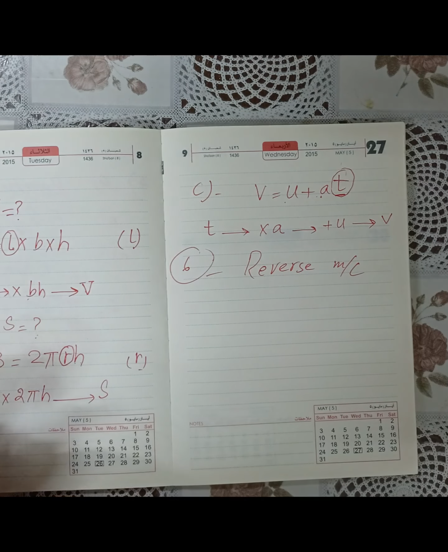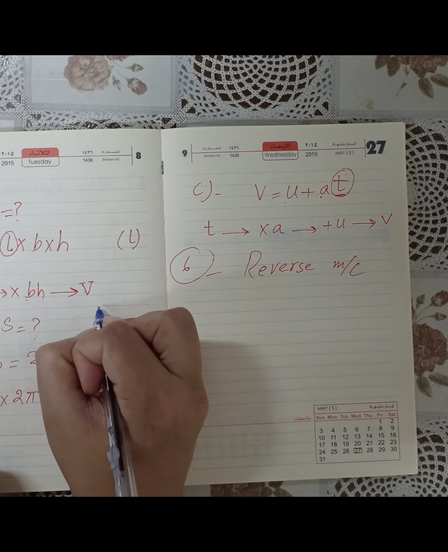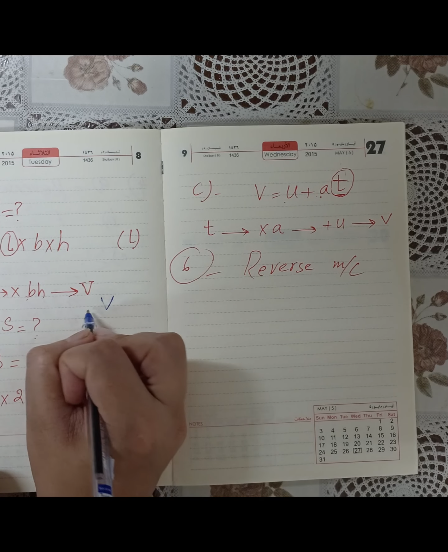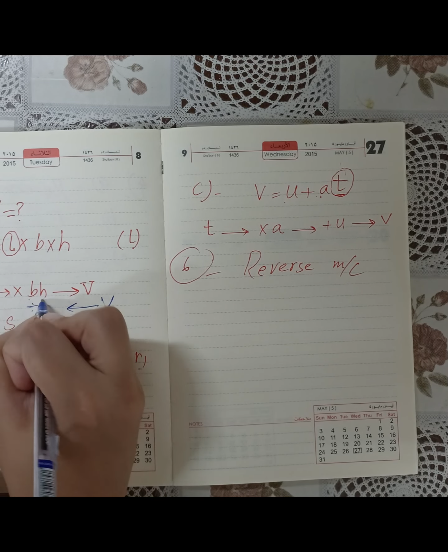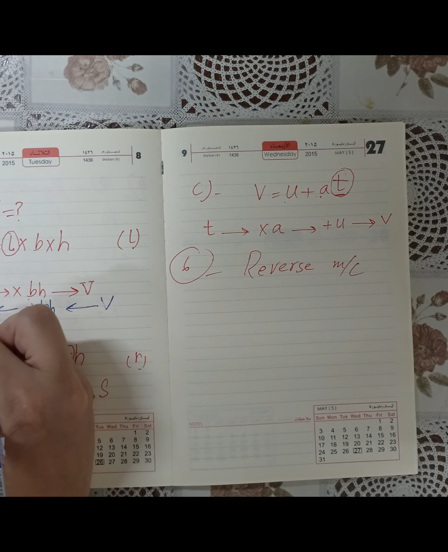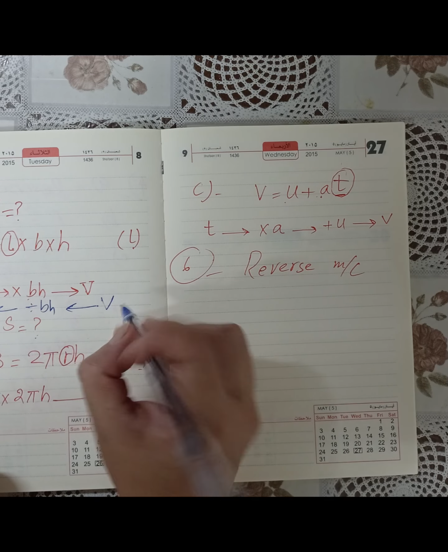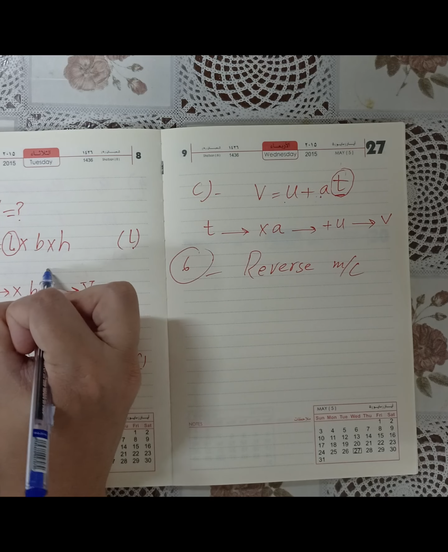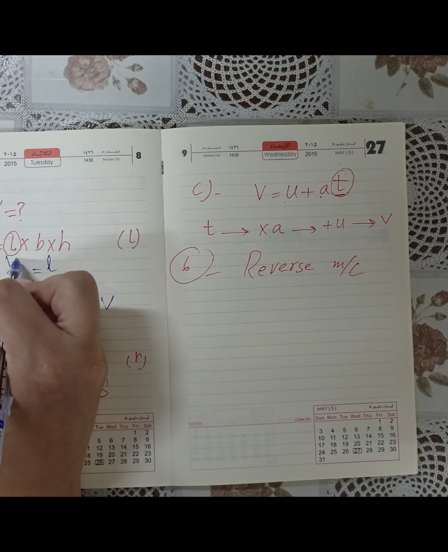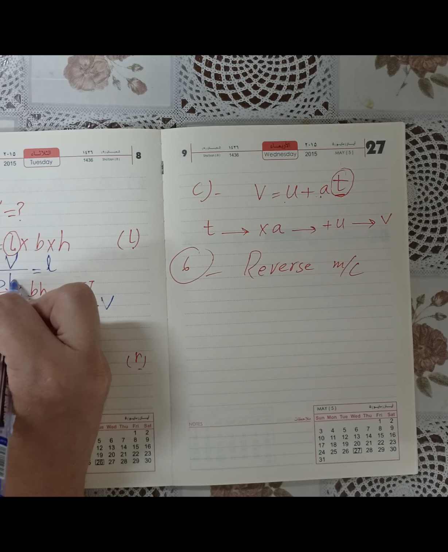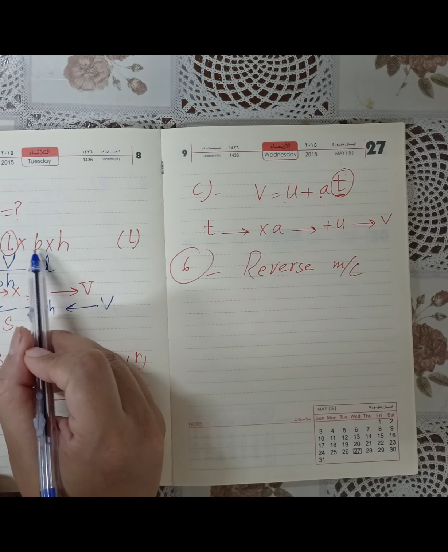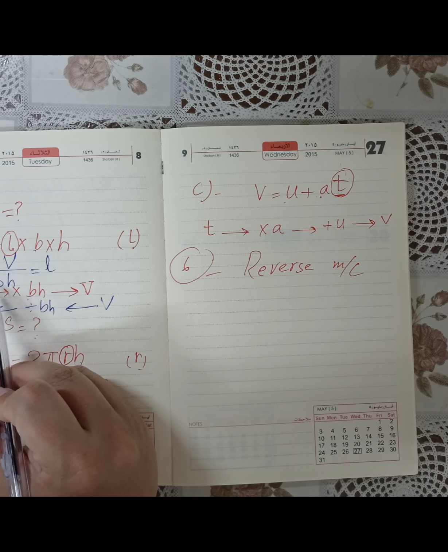Or I will write it here. The formula like V divided with BH, then I will get L. So I can write this as L equals V divided with BH. I told you a shortcut before that B and H, if they are being multiplied, they will divide on the other side.